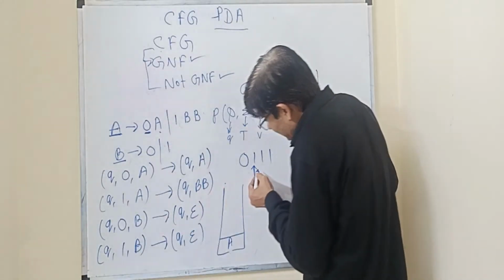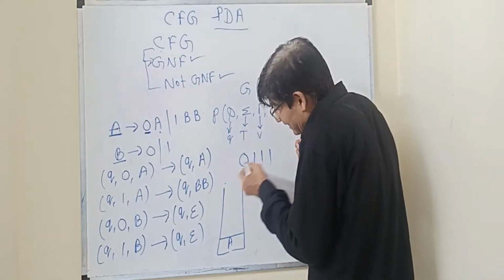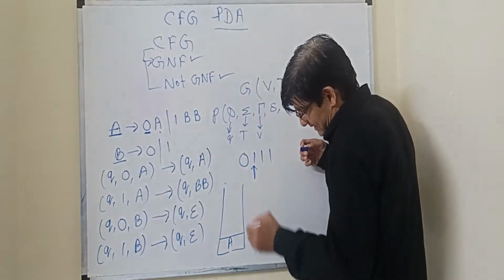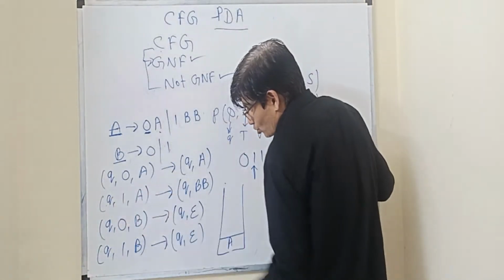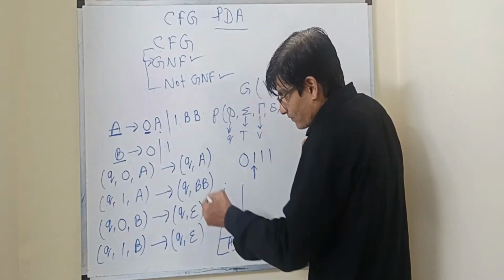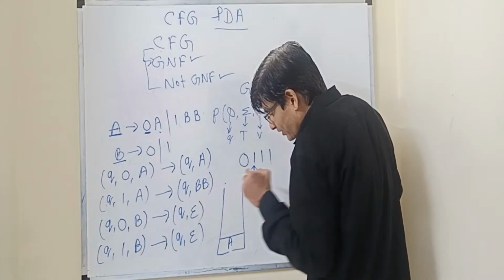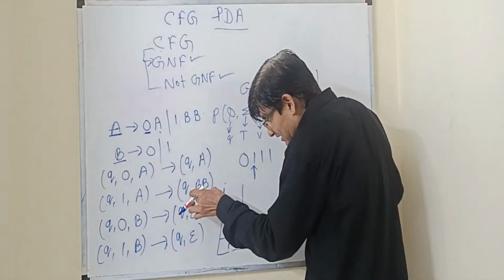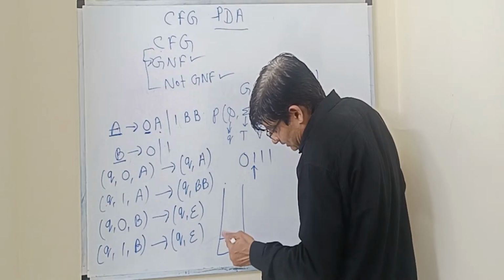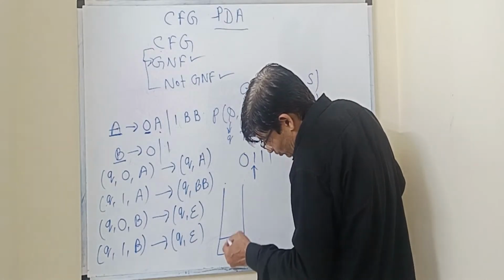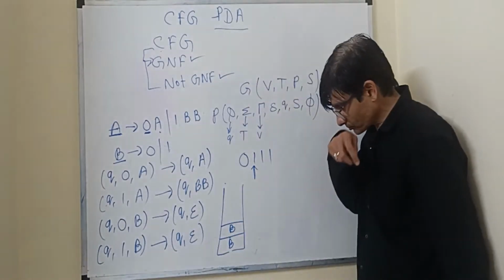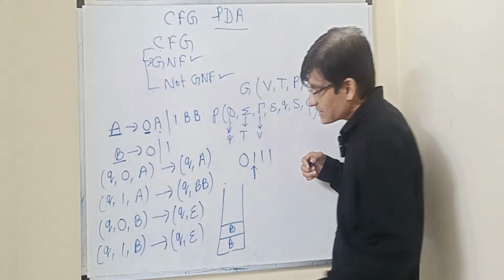Now we have 1 as input, A on the top of the stack, and we are in Q. So in this case, we will stay in Q and push BB into the stack. Before inserting BB into the stack, we need to remove A and then push BB like this.